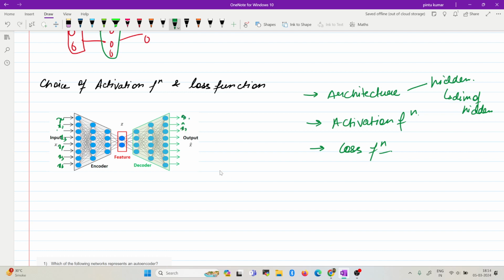What you want is for your X1 to be equal to X1 hat, right?